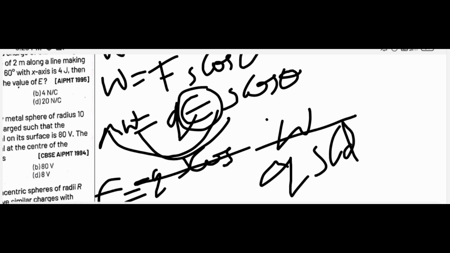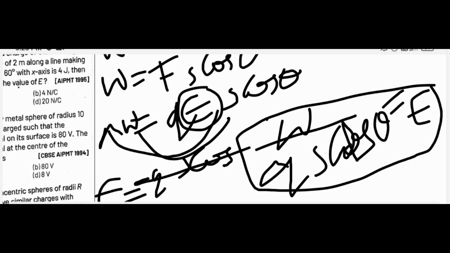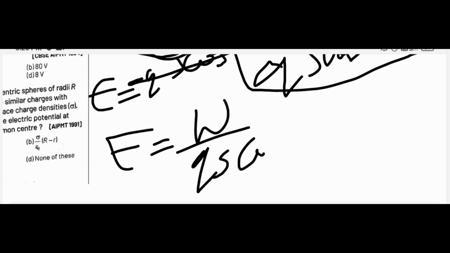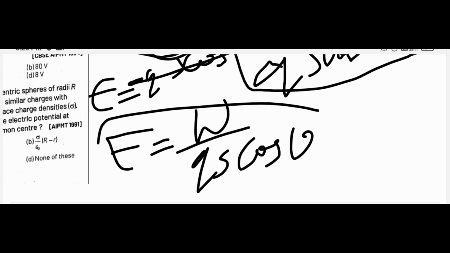Again, I am telling you, remember this formula also. Electric field and work done are related by E is equal to W by Qs cos theta. When they have given the angle, remember this, which will be helpful.